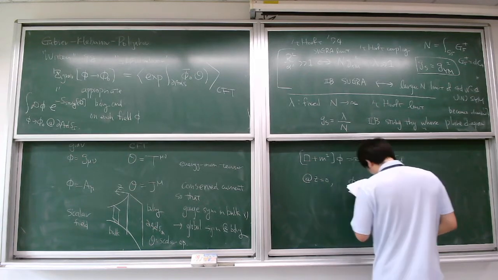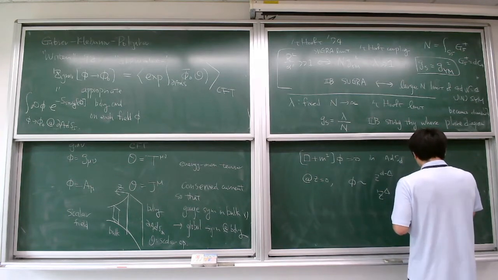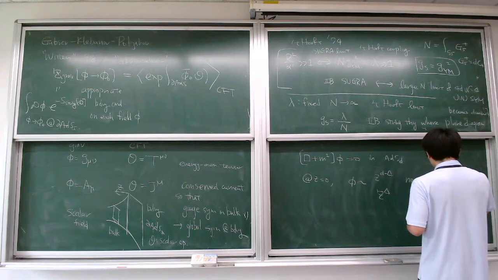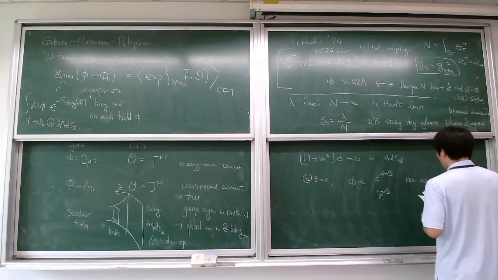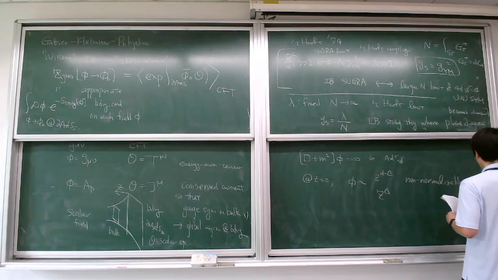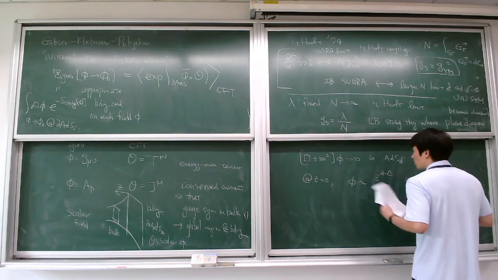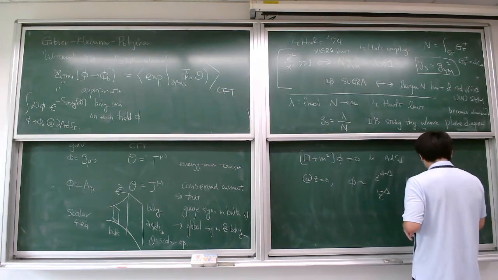So this is called the normalizable mode. There are two solutions, because it's a second order differential equation.